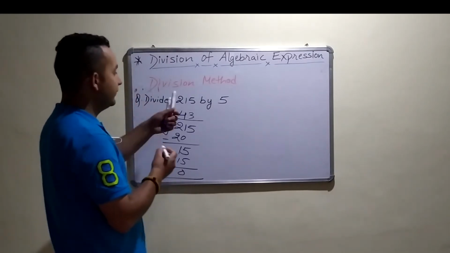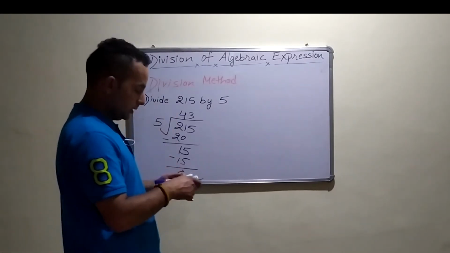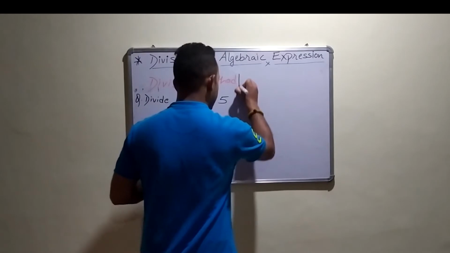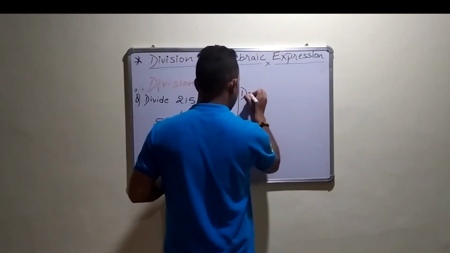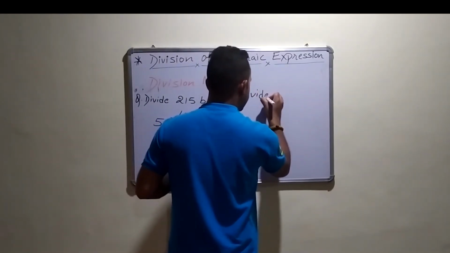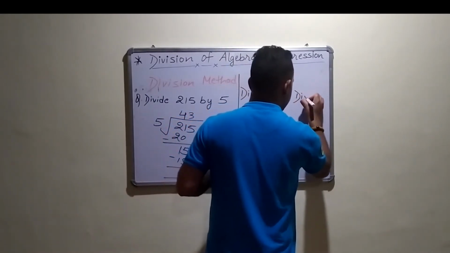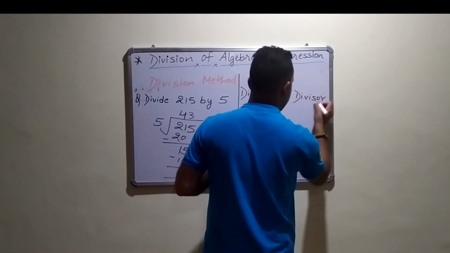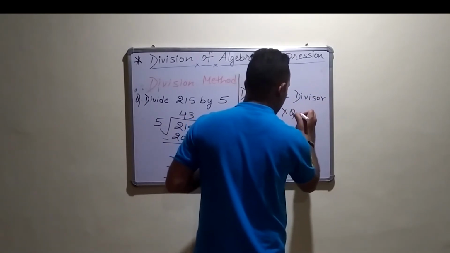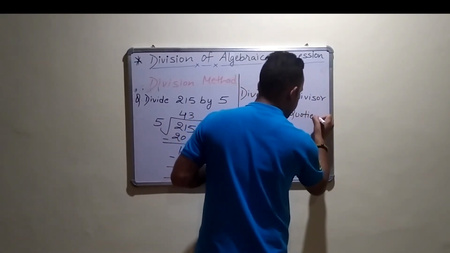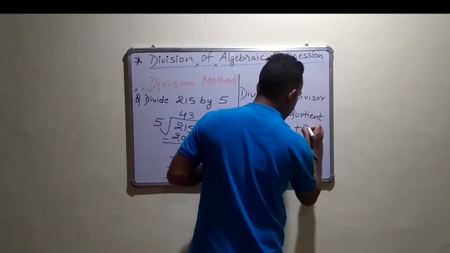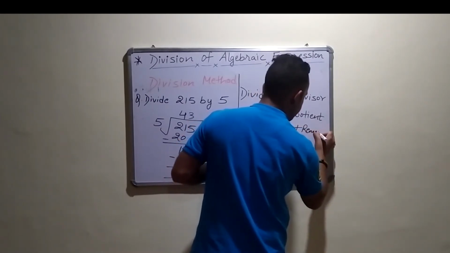For division method you have a formula, and the formula is dividend is equal to divisor into quotient plus remainder.